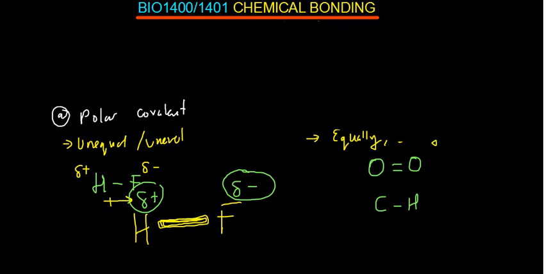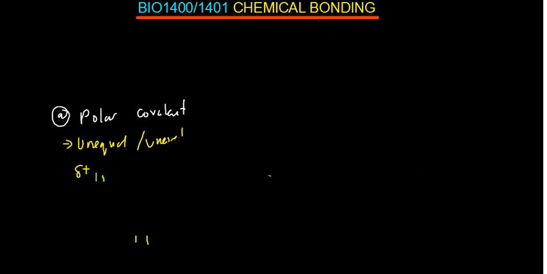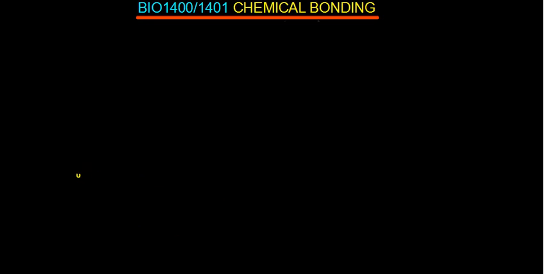Right. So apart from covalent bonds, we also have non-covalent bonds. Now, what are non-covalent bonds? Non-covalent bonds are bonds which do not involve sharing of electrons, but instead involve either gaining or losing.